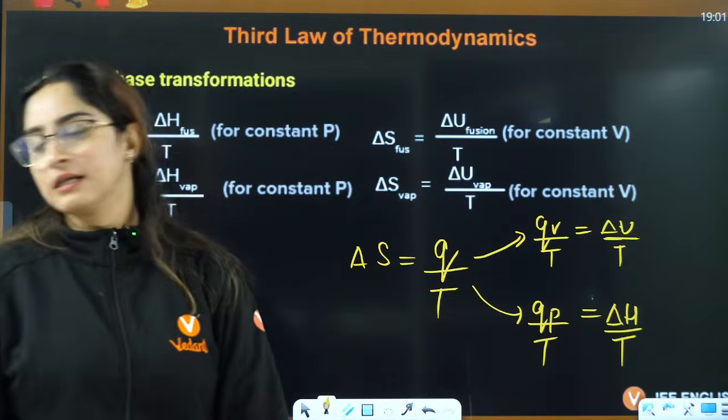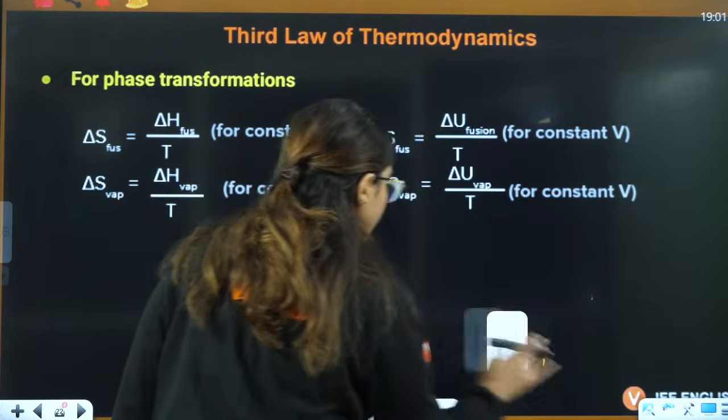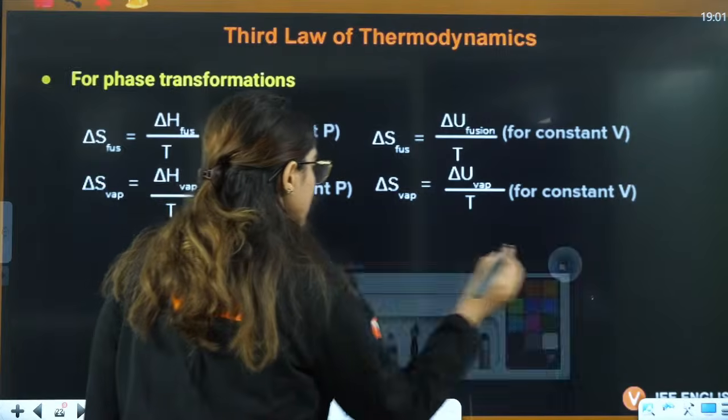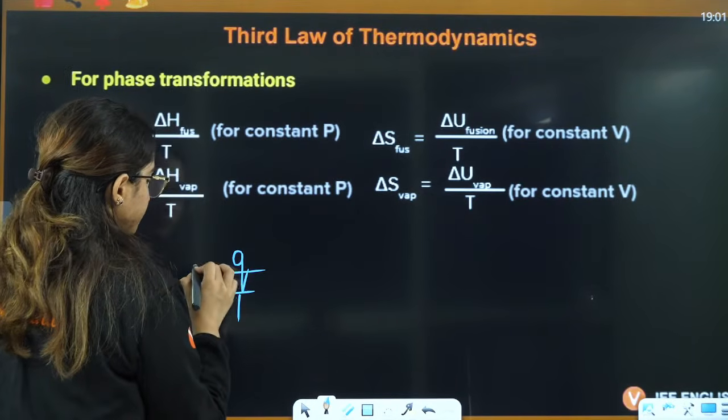Similarly here. To write it in a clean way, I'll write it here.